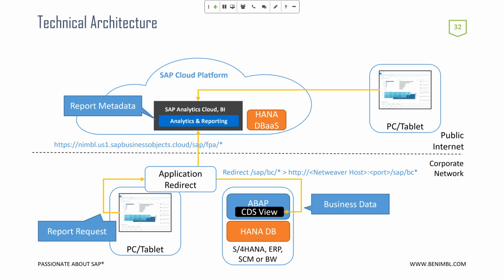When we use a live data connection to S4 or SCM or BW or whatever, the connection to the Analytics Cloud is limited to the report metadata: the shapes, the colors, the position on the canvas, what data is being displayed, my comments or any comments that are stored related to people collaborating.